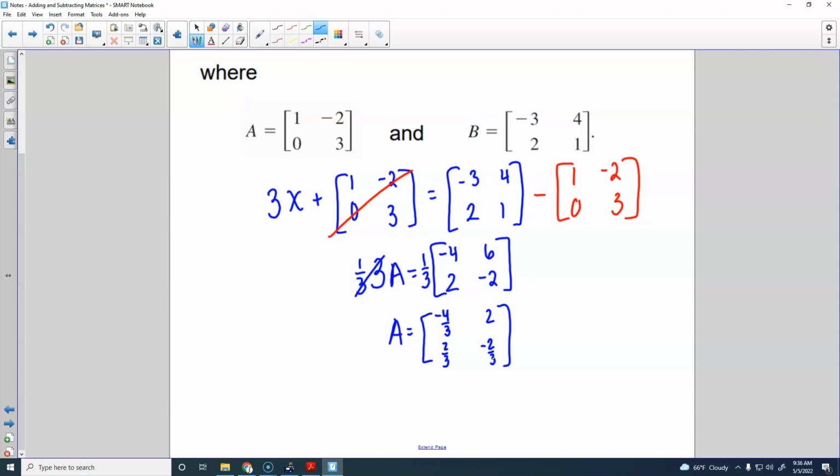Now for us, we're doing really simple, small things here, but what this essentially is doing is solving 4 equations at one time, right? It's solving 3x plus 1 equals -3, 3x plus -2 equals 4, 3x plus 0 equals 2, and 3x plus 3 equals 1.